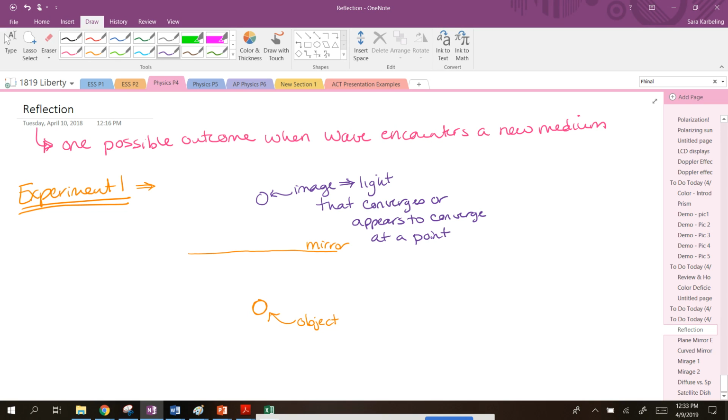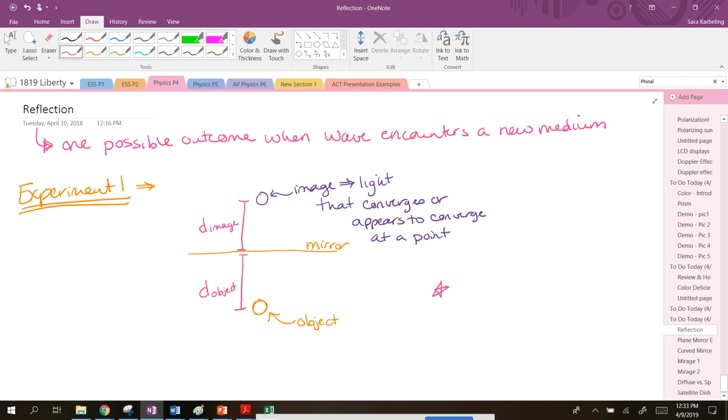And we found from our experiment in experiment 2 that this distance here and this distance here should be exactly the same. Again, for a flat mirror, okay? This is called the distance for the object, and this is called the distance for the image, okay?